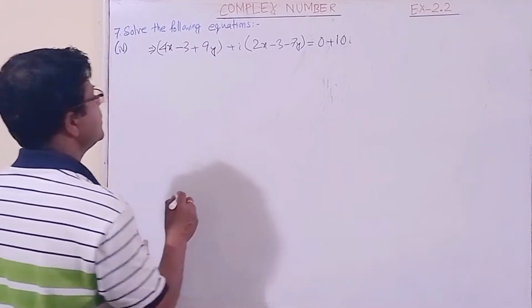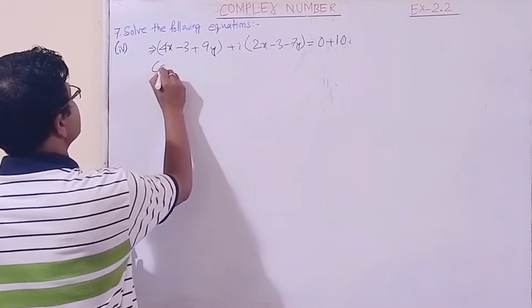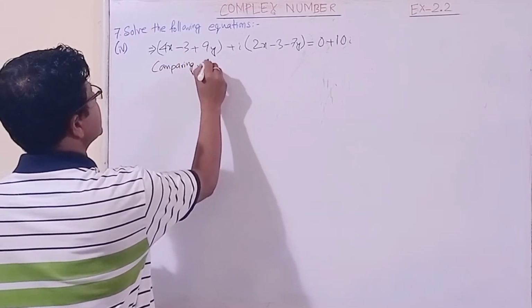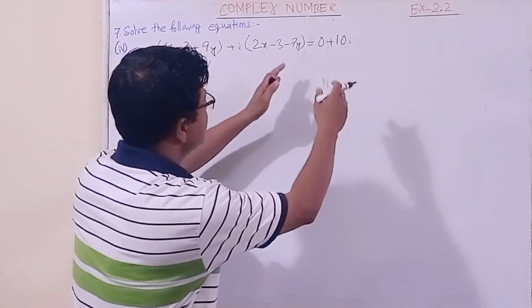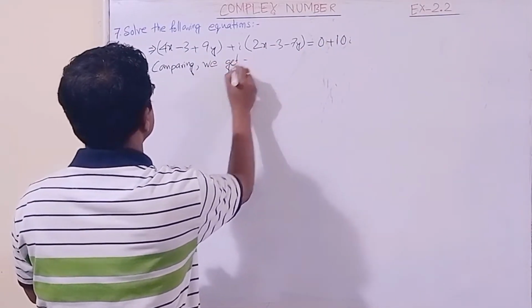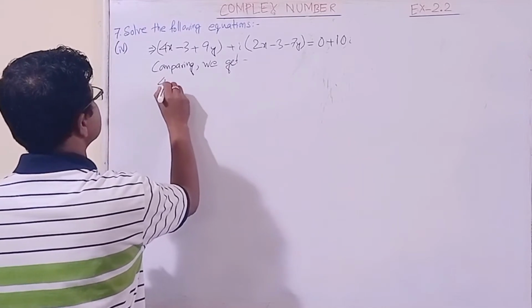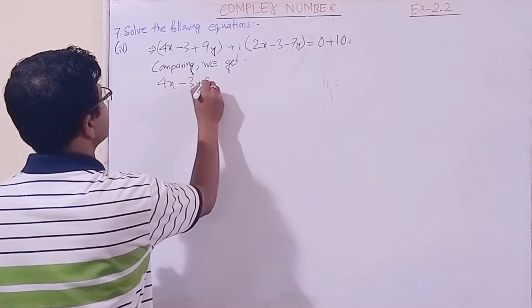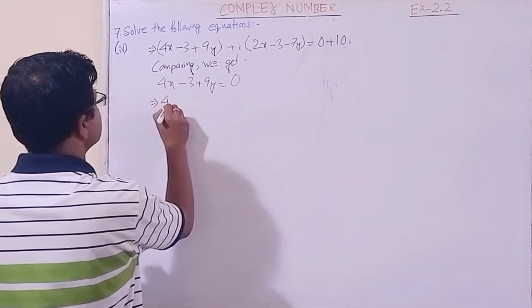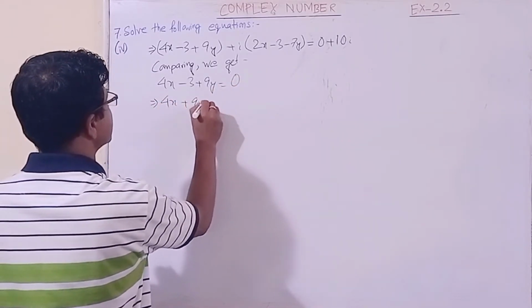Now here we have written the last line so that we can continue the sum. So now let us start comparing. We shall compare real part equal to real part, imaginary part equal to imaginary part. We get 4x minus 3 plus 9y is equal to the real part, which is 0, so this is 4x plus 9y is equal to 3.